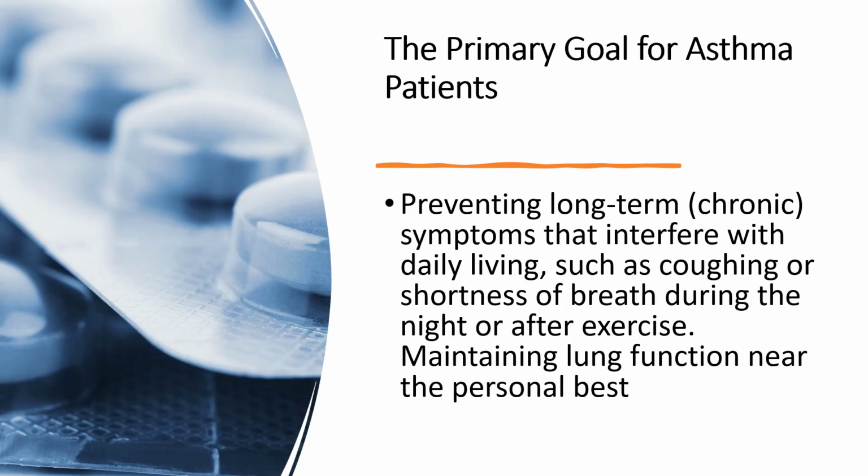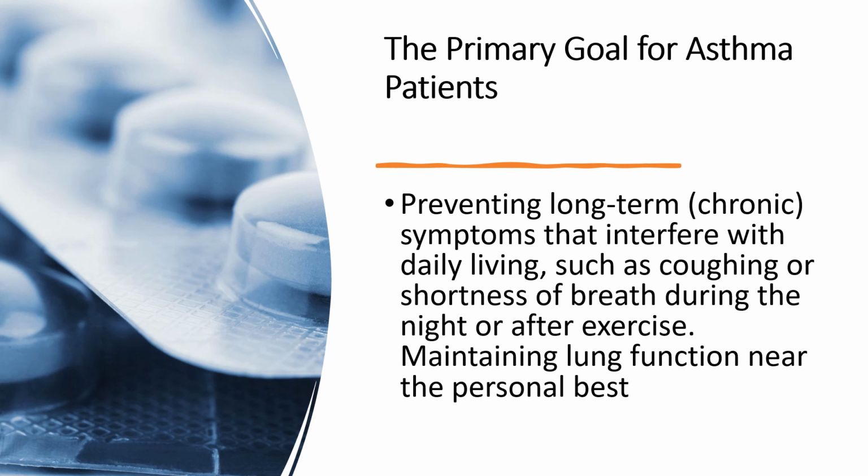So the primary goal for asthma patients is preventing long-term chronic symptoms that interfere with daily living, such as coughing or shortness of breath during the night or exercise, and maintaining lung function near the personal best. So really, your goal is not to get rid of asthma. You're not going to be able to do that.